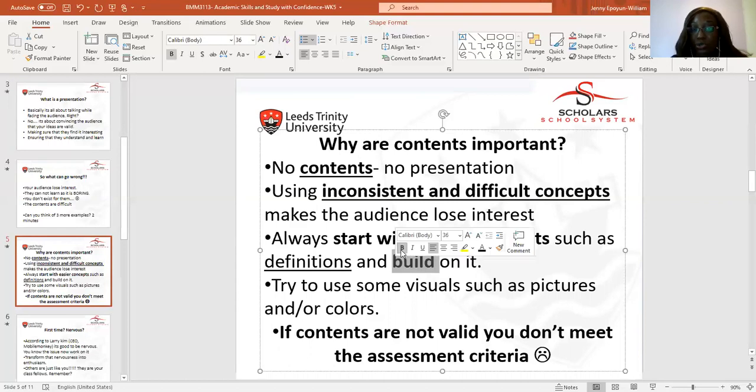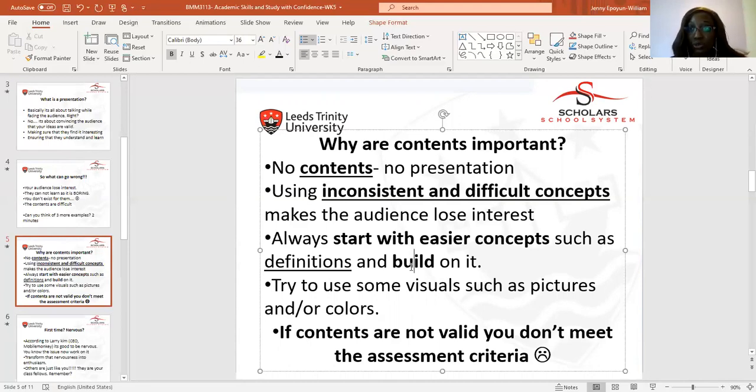So imagine if you're talking about cultural diversity to a group of people who don't know anything about cultural diversity. How would you approach that? You need to first start with a definition, move on to maybe a scenario or an example of cultural diversity, and then you build on it. And of course, you need to use visuals such as pictures and colors, because you might have visual people in the audience whose preferred learning style is visual.